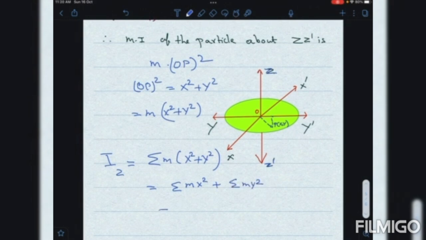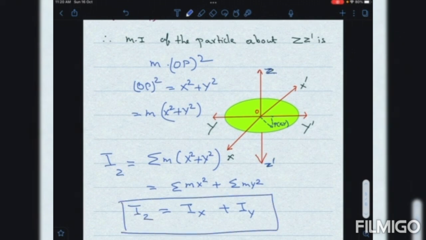All this is mass into distance square, the moment of inertia along the x direction and the moment of inertia along the y direction. So you get the perpendicular axis theorem as the sum of the moments of inertia about two mutually perpendicular axes, intersecting each other at the point where the perpendicular axis meets them. Okay, so this is the perpendicular axis theorem. Thank you.